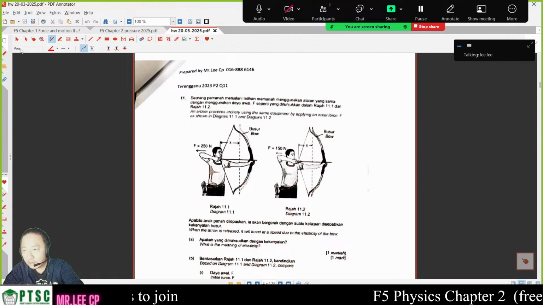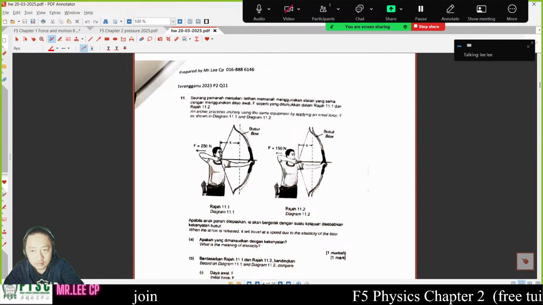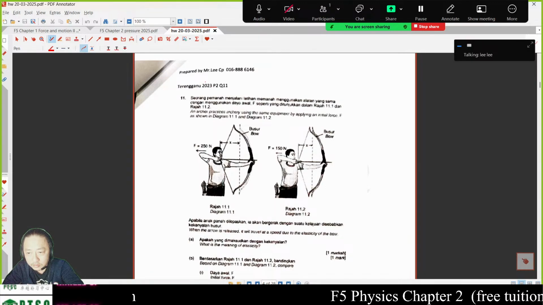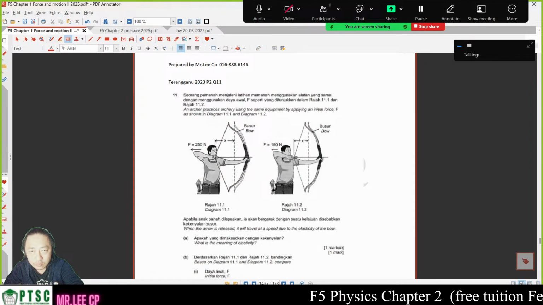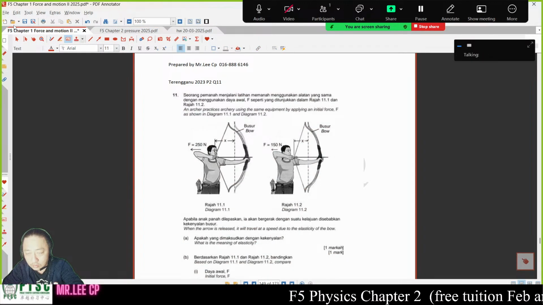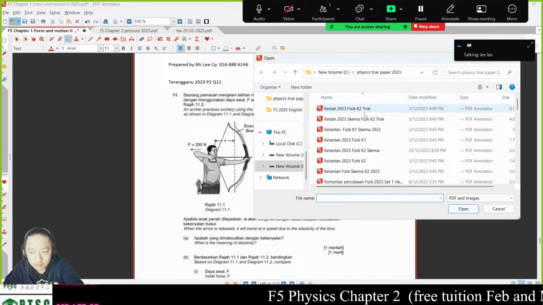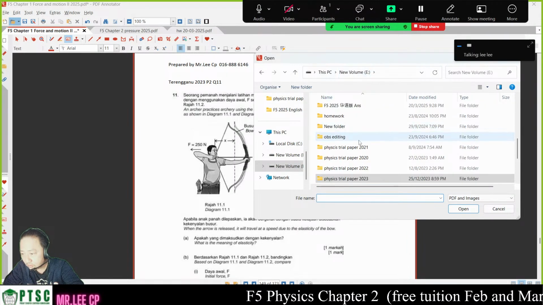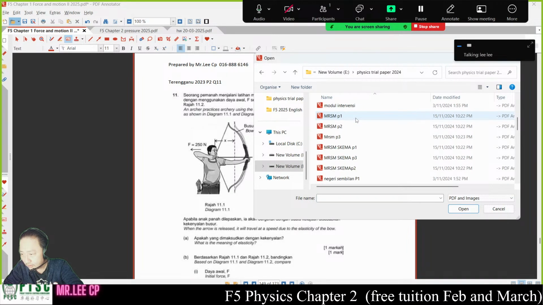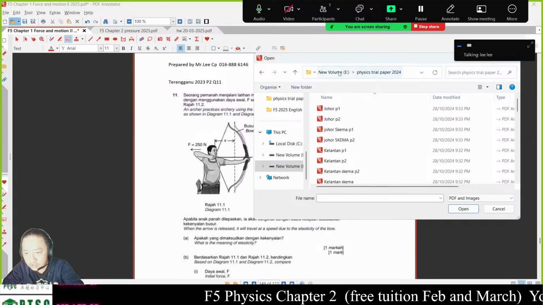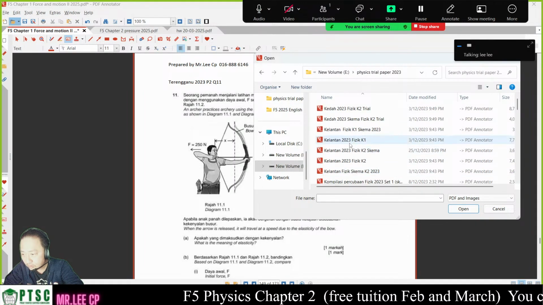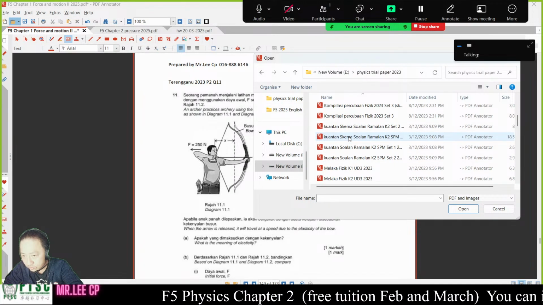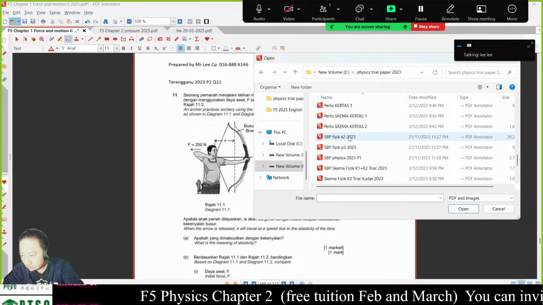Not this one. Wait, 2023, Paper 2. 2024, I guess. Should be 2024. Oh, Terengganu. Terengganu, sorry, not Kelantan. Terengganu.